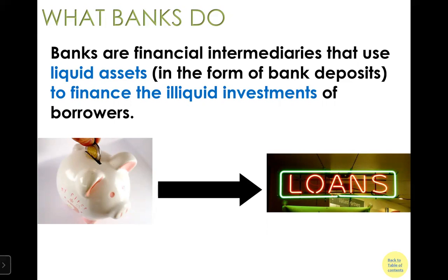The sellers essentially are those who have liquid assets, and the buyers essentially are those who have some illiquid investment. They need money, and the bank is going to link these two so that the money is channeled from whoever has liquid assets to whoever has illiquid investment.